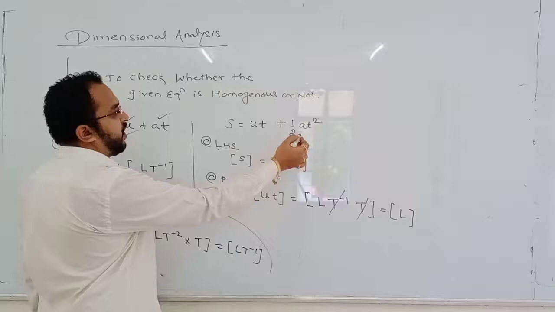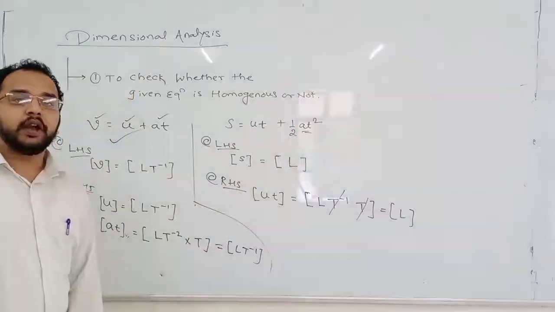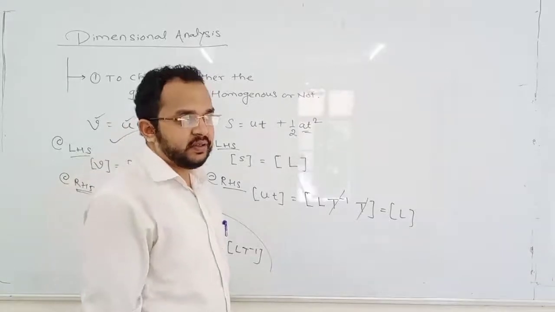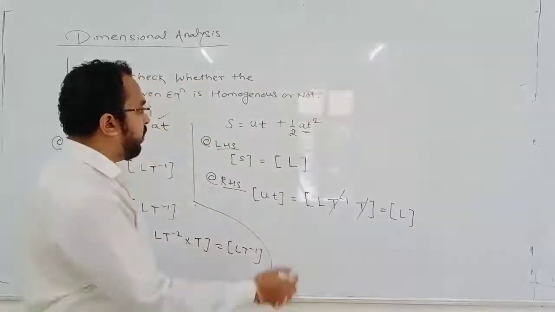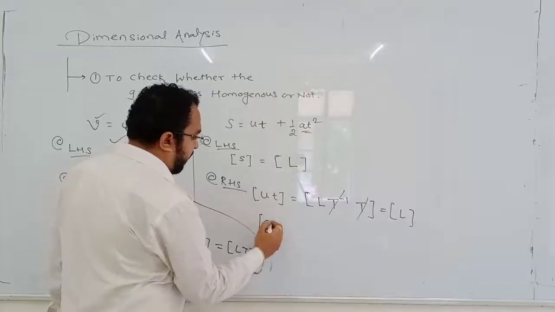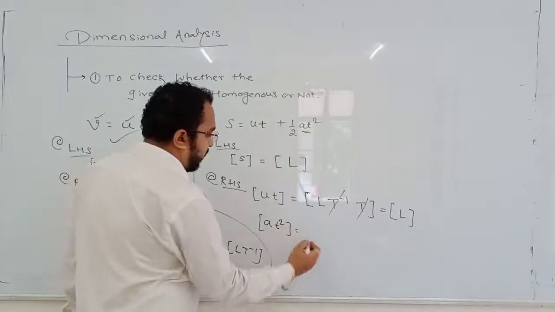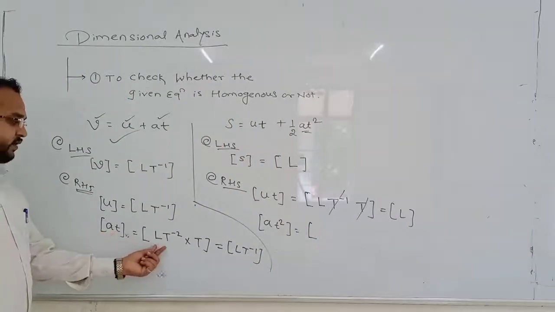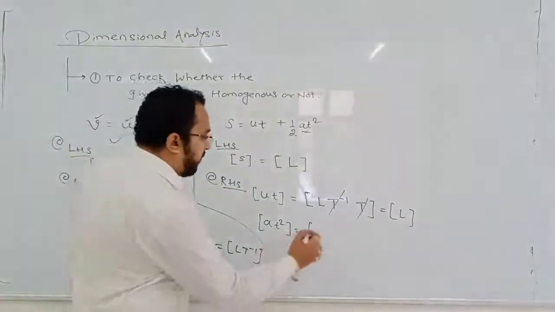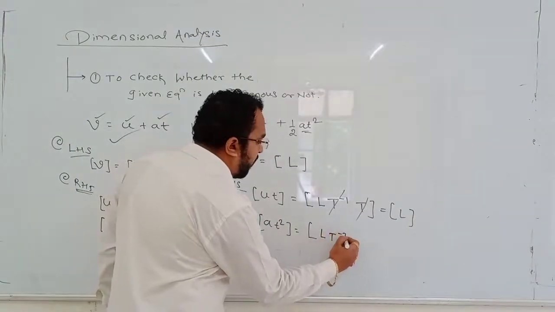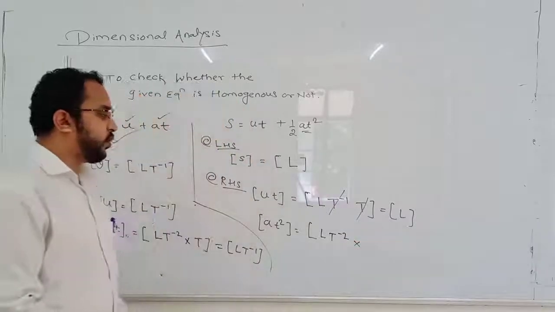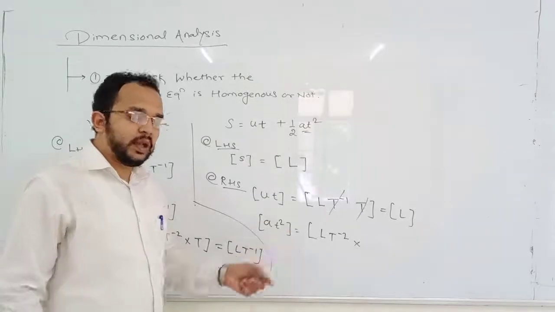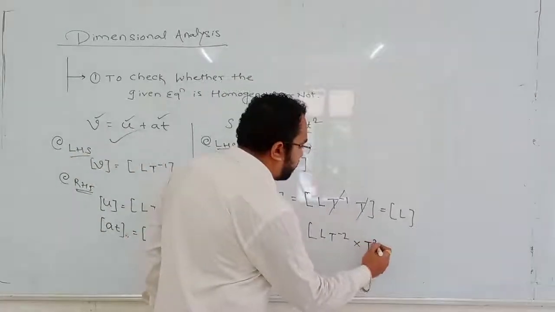Now the last quantity, at square. Don't take half, because half is a constant and it doesn't have any dimensions. So take only at square. What are the dimensions of acceleration? Acceleration is meter per second square, that means LT^-2, multiplied by t square, time square.